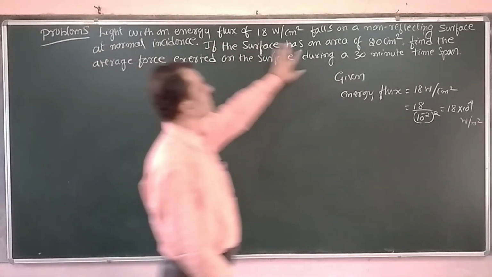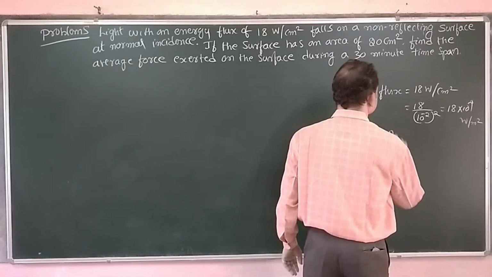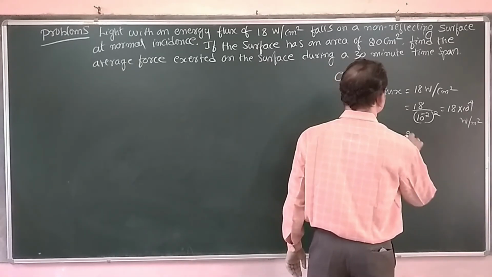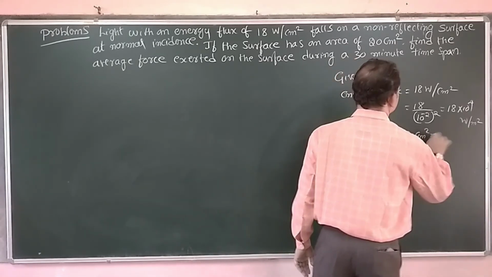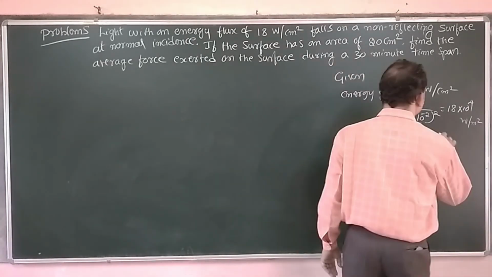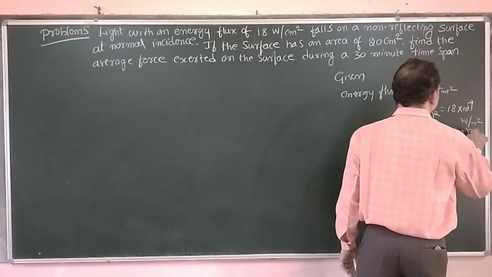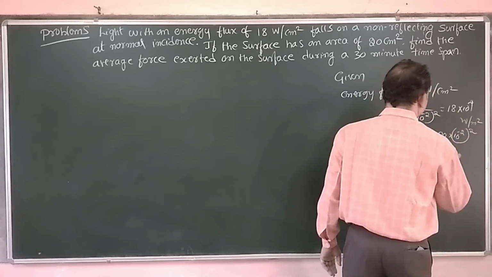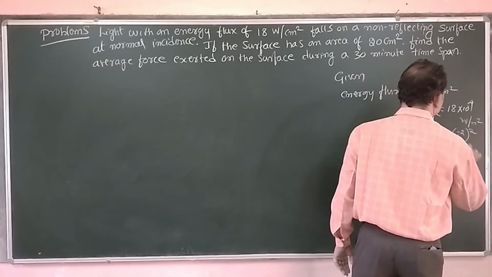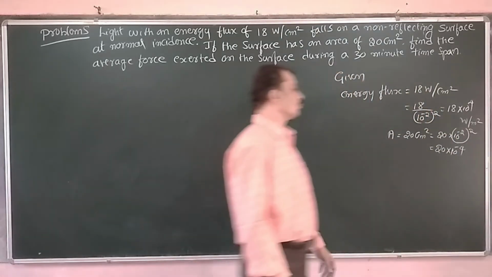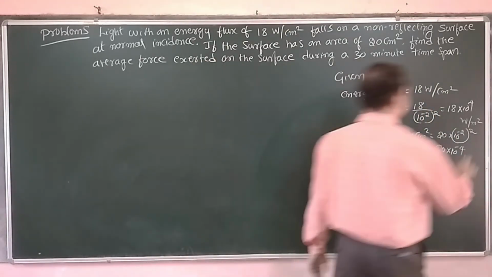It falls on a surface whose area is 20 centimeter square. If I convert it into meters, 20 into 10 to the power of minus 2 whole square, I will get 20 into 10 raised to minus 4 meter square.